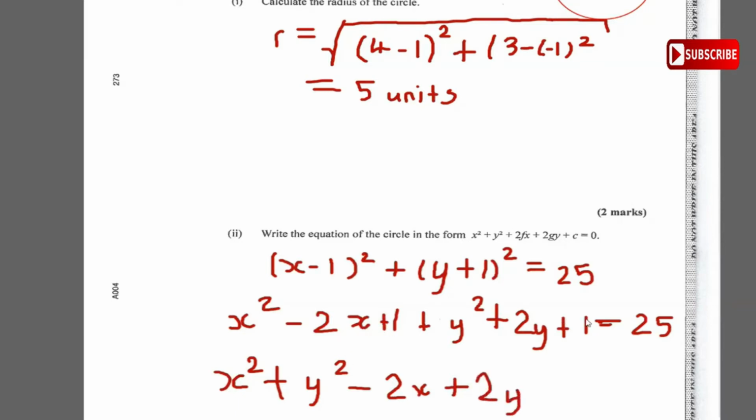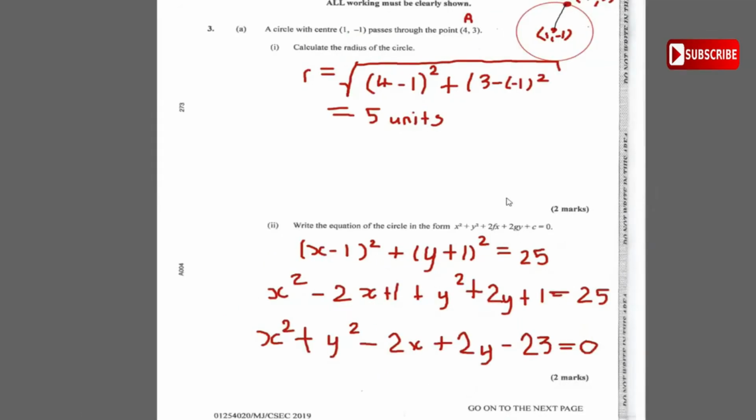Now 1 plus 1 is 2, and bring over the 25. 2 minus 25 is minus 23. And that's equal to 0. Nice and easy. And that's it.